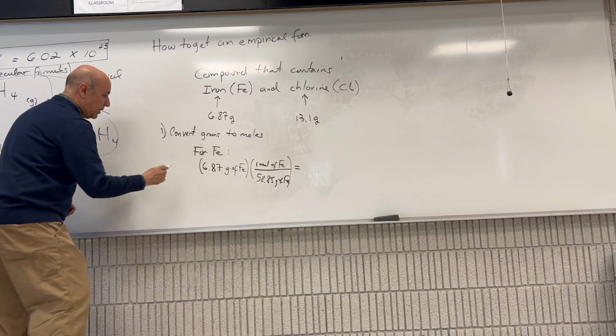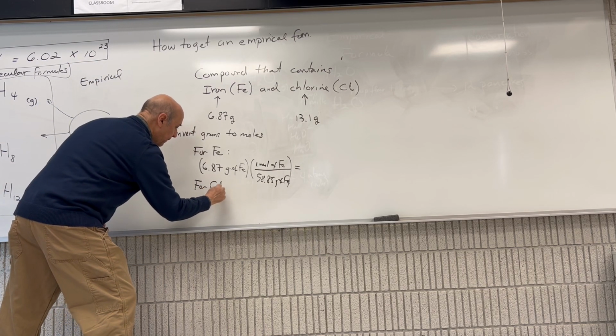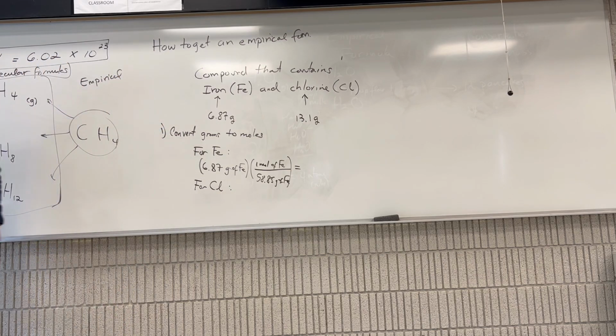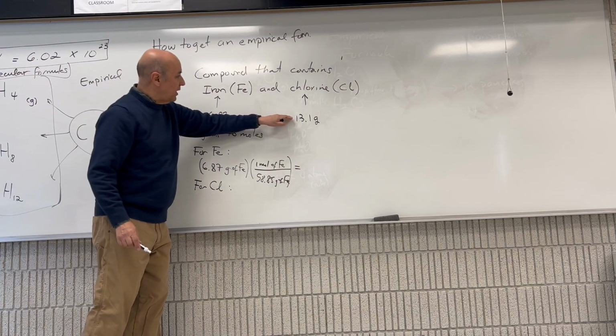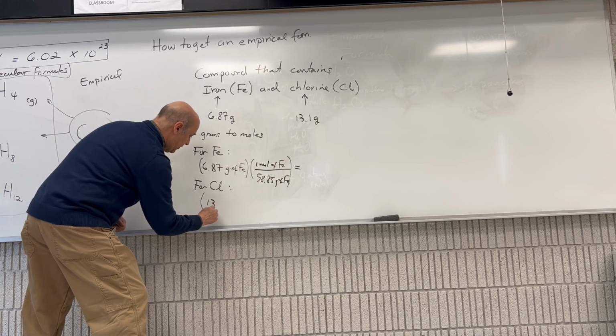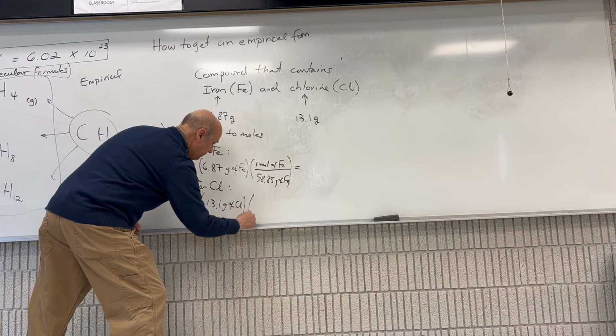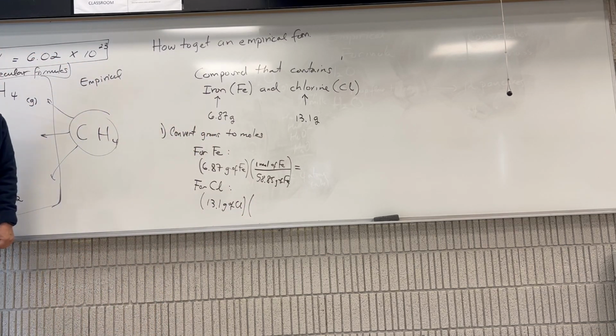Now, before we do the calculation, let me set it up for Cl. We're going to do the same thing, except that we're going to use the amount of Cl instead of Fe. So we have 13.1 grams of Cl, and we're going to divide that by the molar mass of Cl, not of iron.